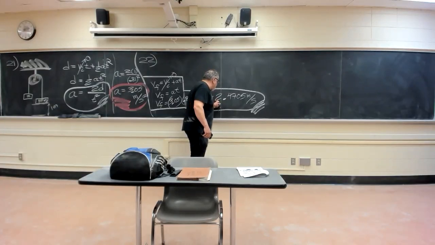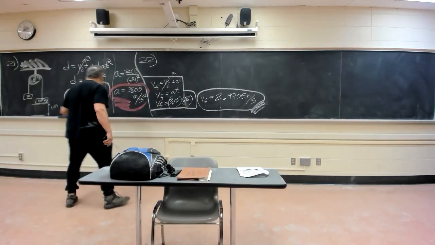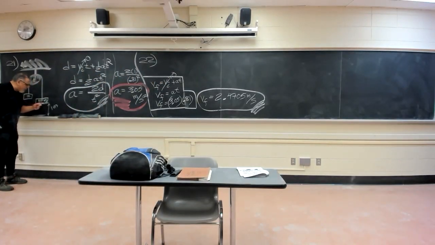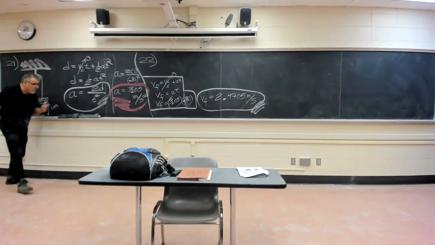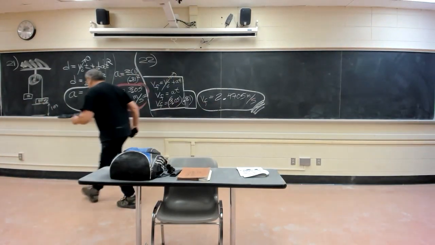So it'll hit the ground at 2.4705 meters per second after a fall of 0.81 seconds. At the end of the 0.81 seconds, right before it hits the ground, it's going at 2.4705 meters per second.